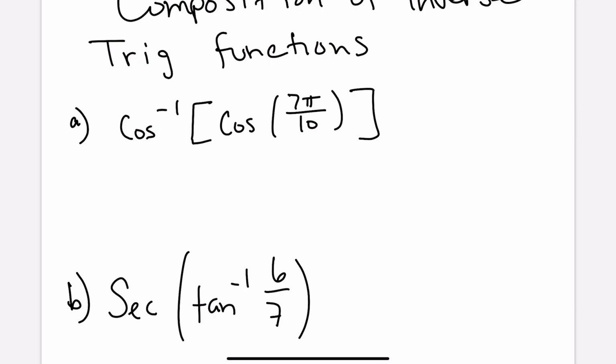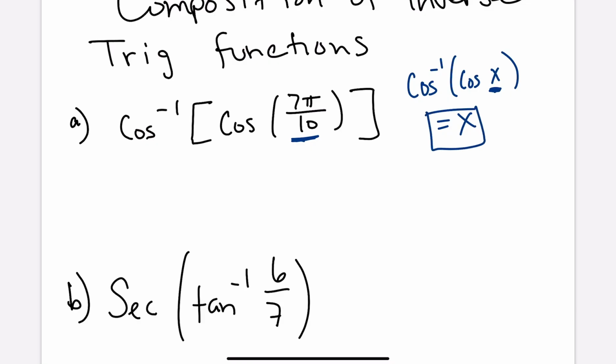So what that means is, if we have this, cosine of x, and you could swap these two if you want, the answer to this is really just x, right? Which means it's just whatever value is inside your function.